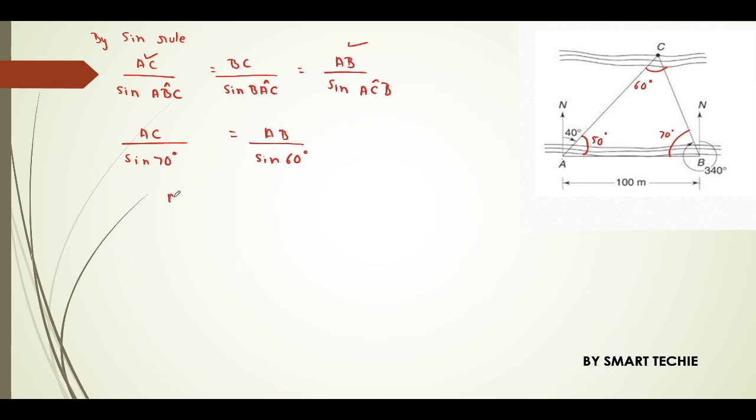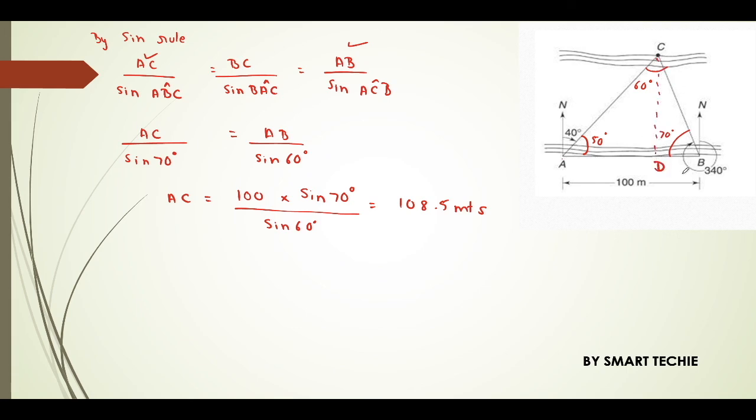When I cross multiply, AC is 100 into sine 70 degrees divided by sine 60, which is equal to 108.5 meters.